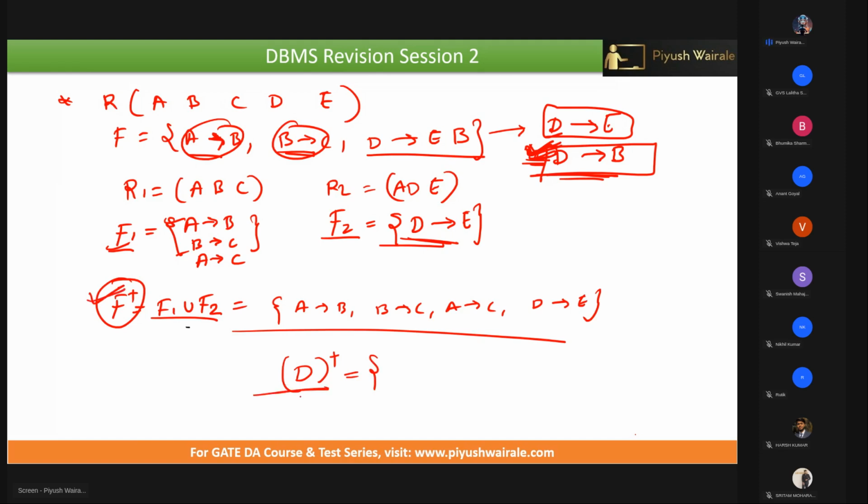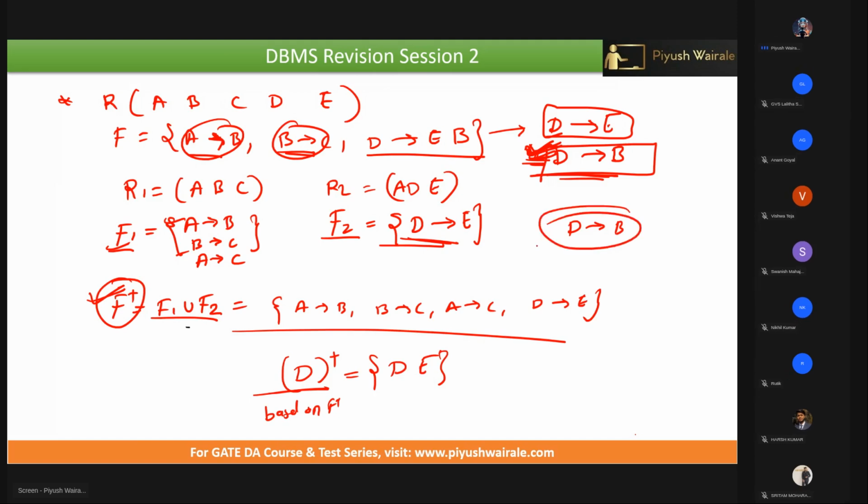Take the closure of D based on F plus. Are we getting B? No. It means D determines B is not preserved in the decomposition here. That is what dependency preserving is. I hope you understand this particular concept. Anyone, any doubt here?